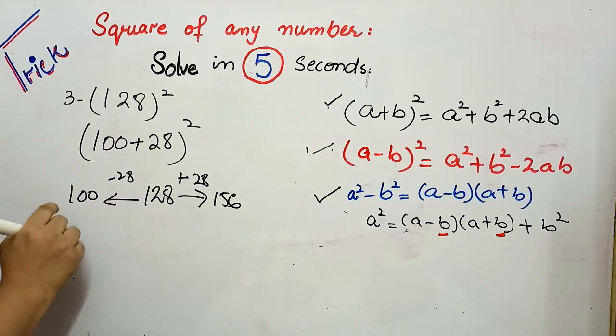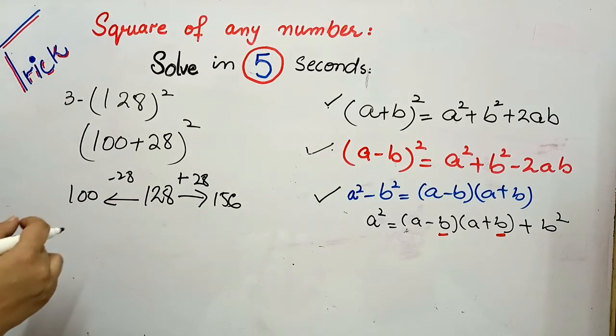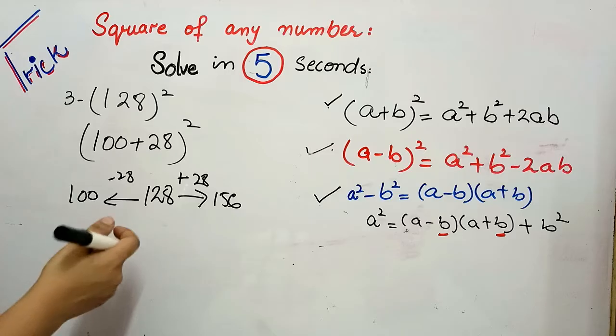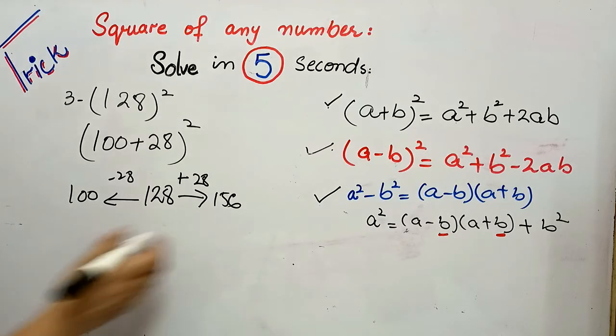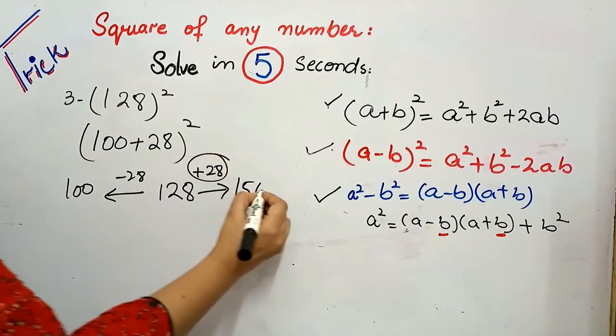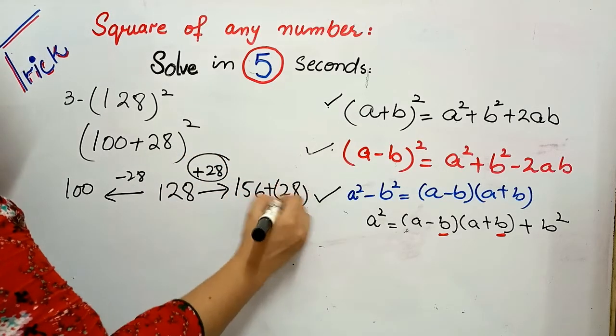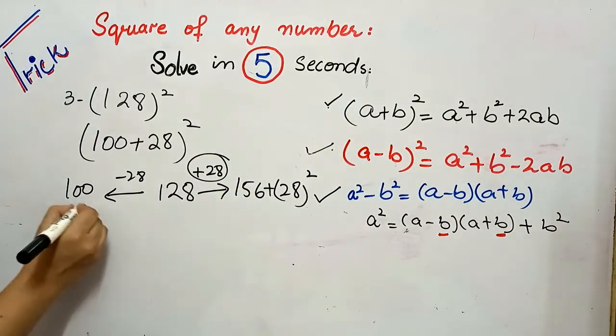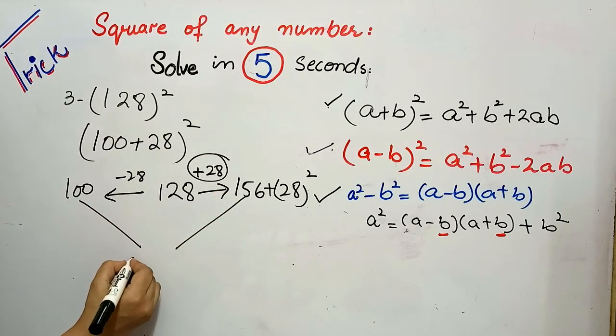That's what I want. I want zero digits so that my calculation becomes easy. The multiplication is easy whenever we have zero at the end. Plus, don't forget to take the square of this number.